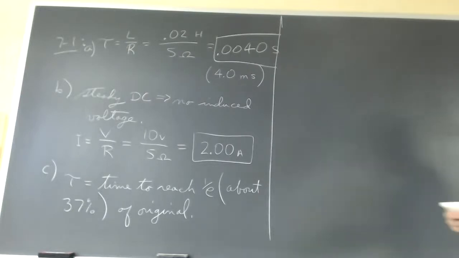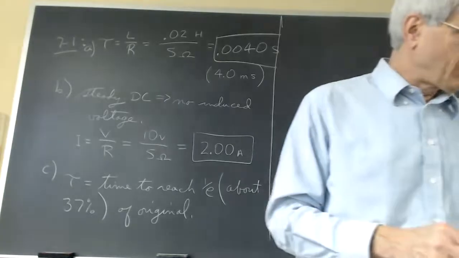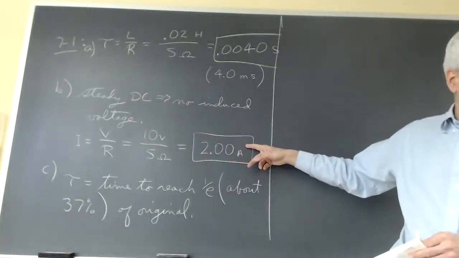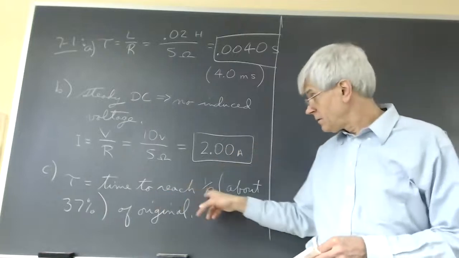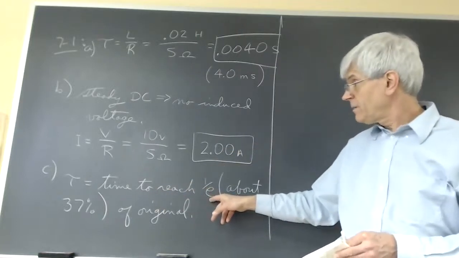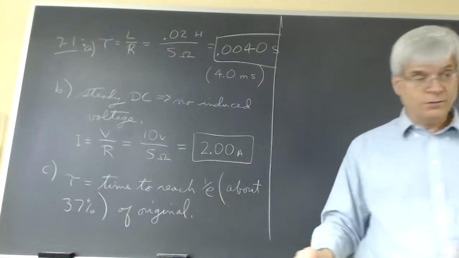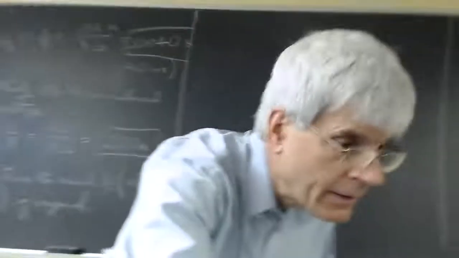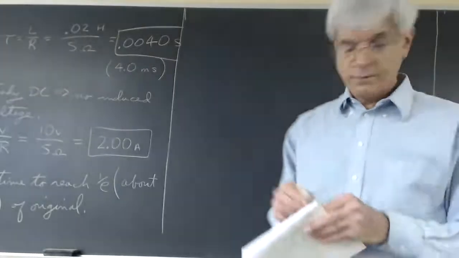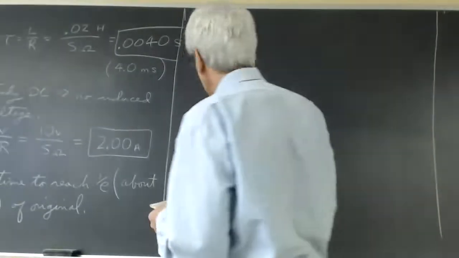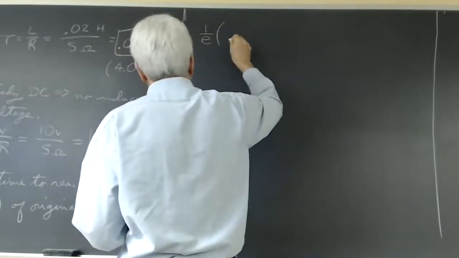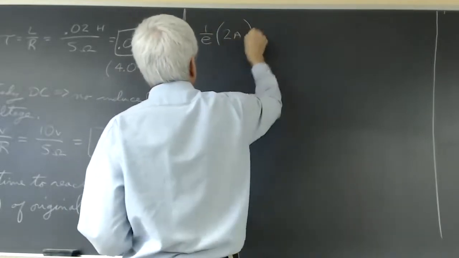And so I will just take the answer to part B and multiply it by 1 over E, and that'll be how much current is flowing after one time constant. 1 over E times 2 amps.